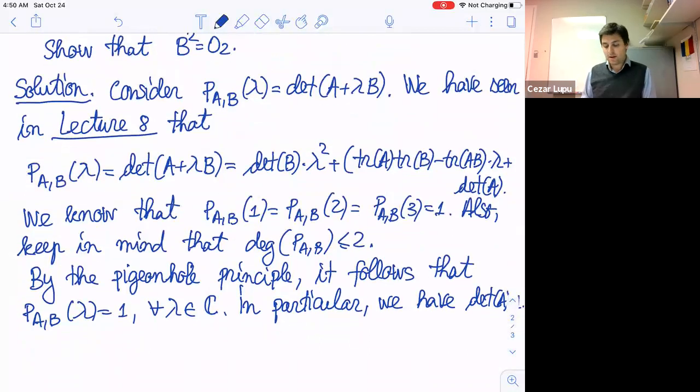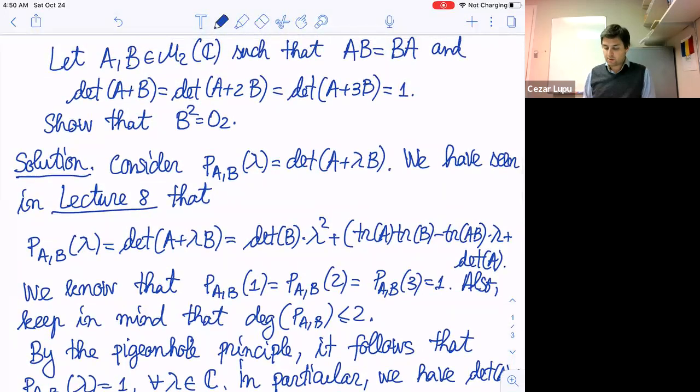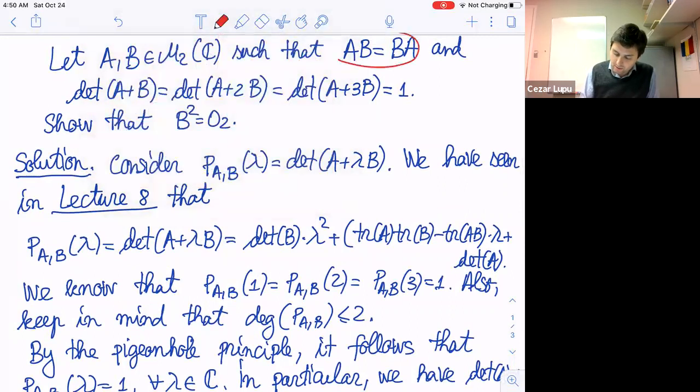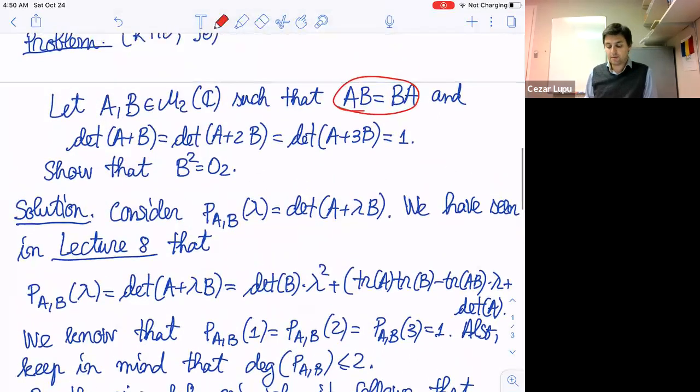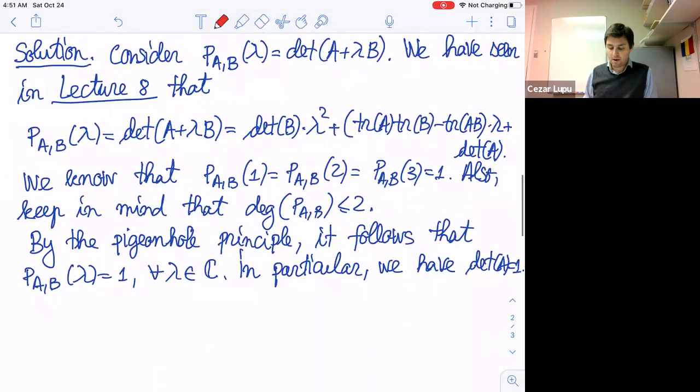So far, we don't have any information about B, but maybe we can. There is one condition that we haven't used, and look at this guy here. The fact that these two commute, we haven't used this yet. So we would like to use that. So far, we only have information about the determinant of A. So the determinant of A is 1.